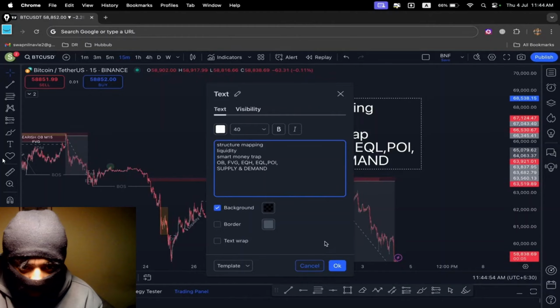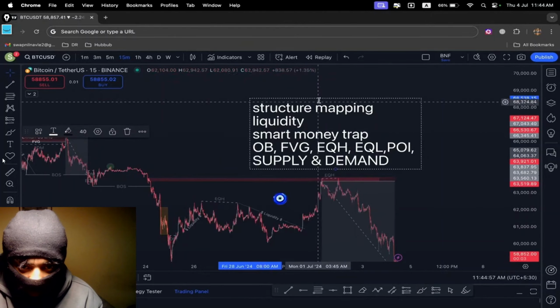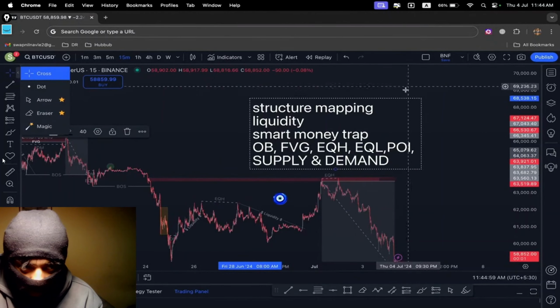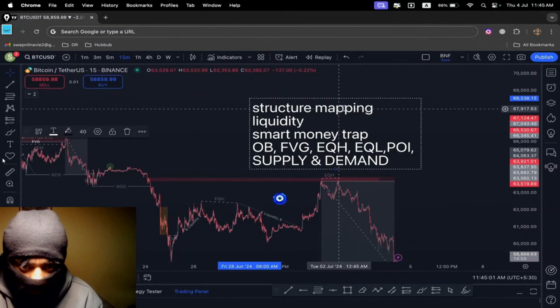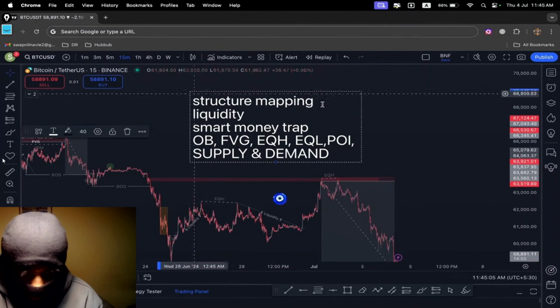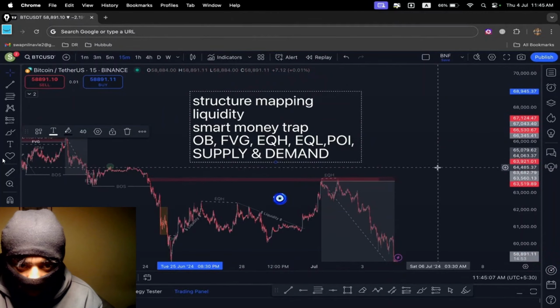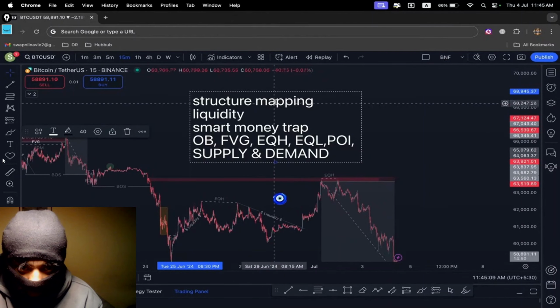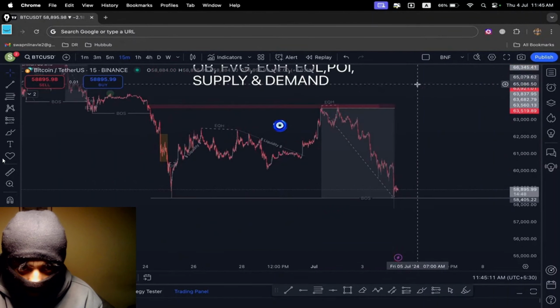All these things come inside the smart money concept, and we're going to learn all of these. This is just an overview, and we're going to go deeper into smart money.